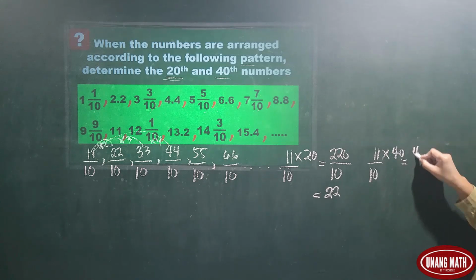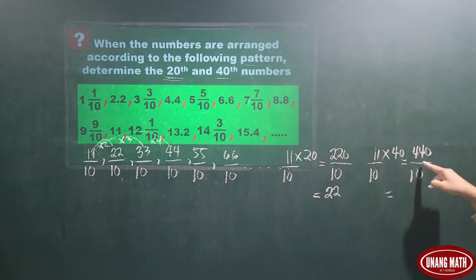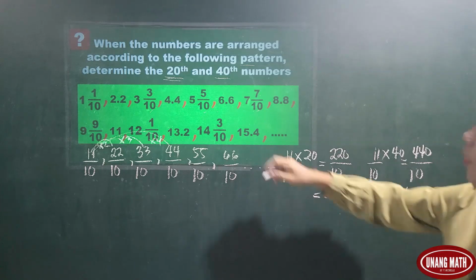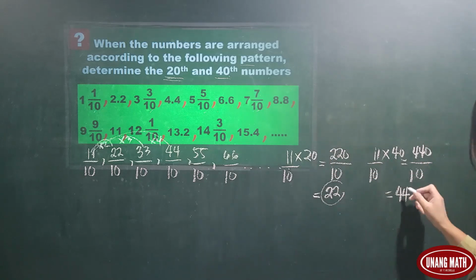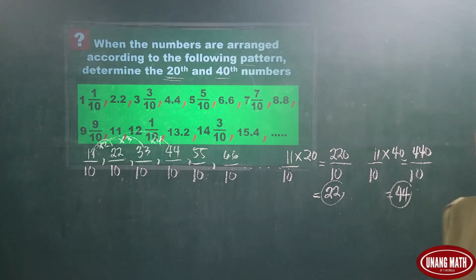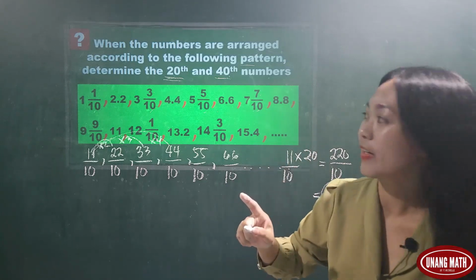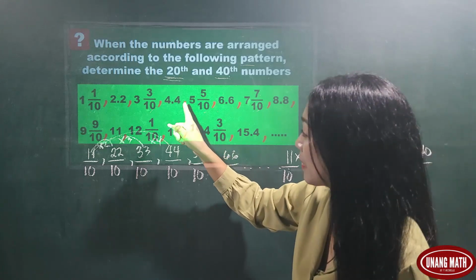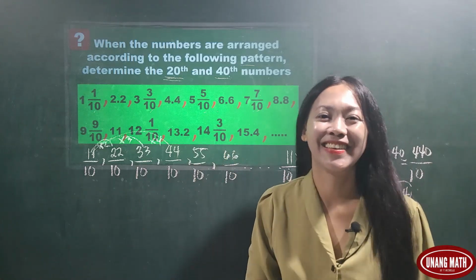So, this is 440 over 10, or 440 divided by 10, this is 44. So, ang pang 20th number is 22. Ang pang 40th number is 44. So, in this kind of problem, we need to convert fraction to decimal number or decimal number to fraction and determine the pattern.